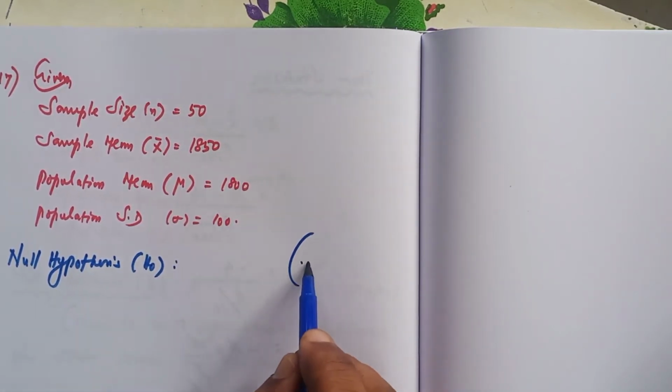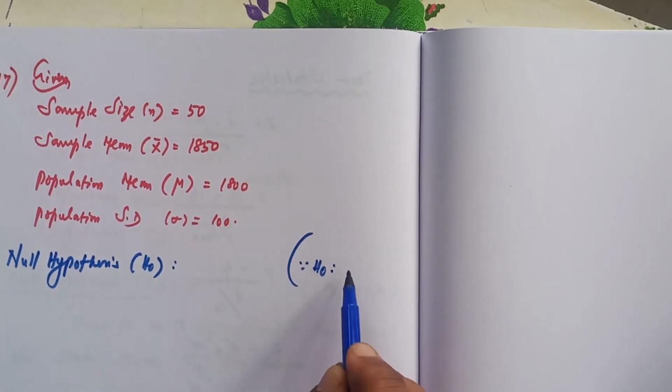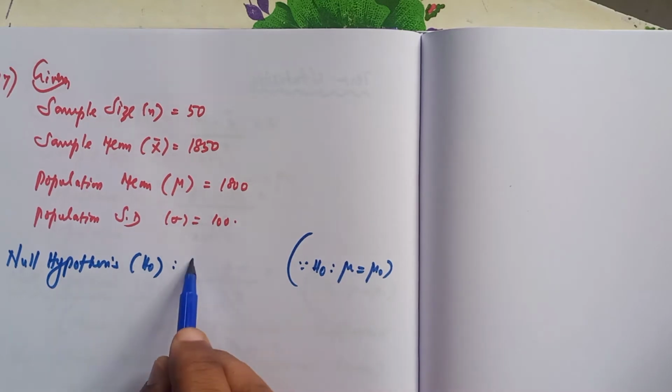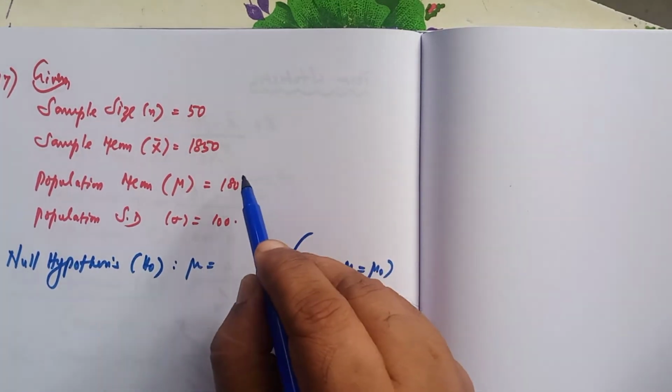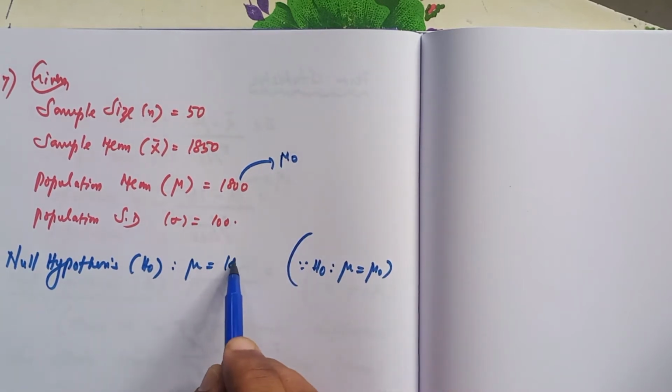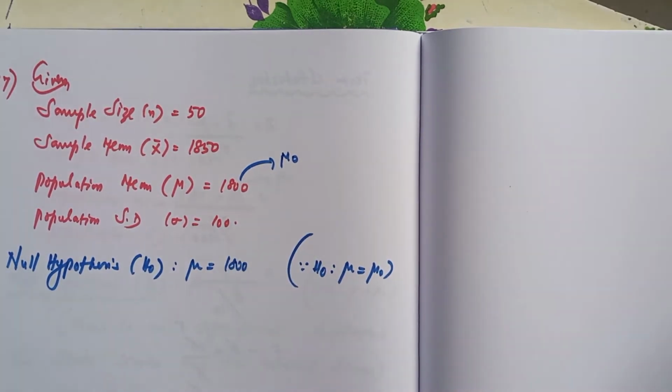You know that H naught: mu is equal to mu naught. What is mu naught? 1800.